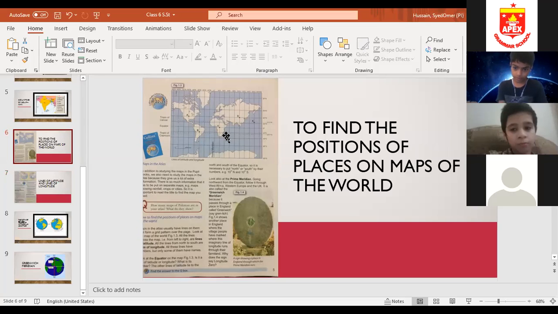Which lines are meeting at the north and south pole? The above lines are towards the north, and the lines below are towards the south. Each line is matching with either east or west.